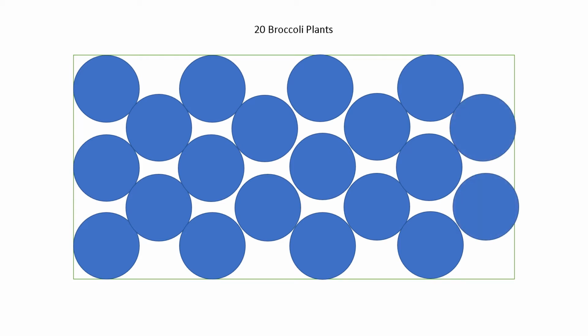According to the spacing available, we can have 2 more plants, and we bump it up from 18 to 20 broccoli plants, and that's just from rearranging the spacing at which they're planted.